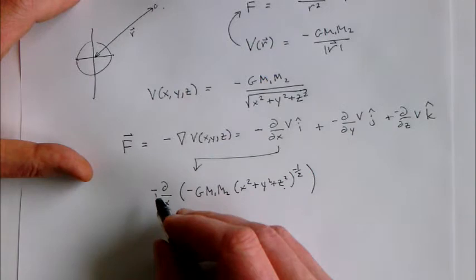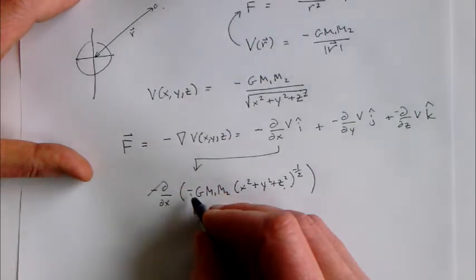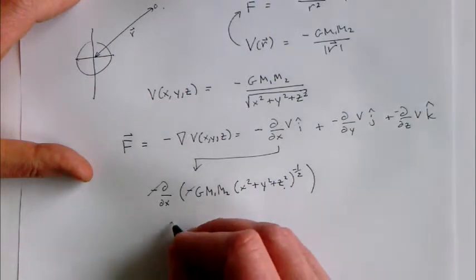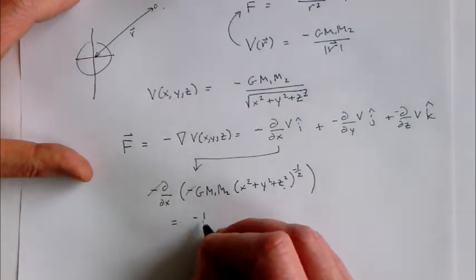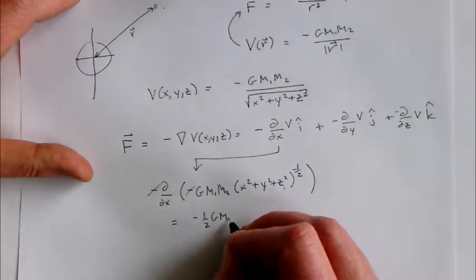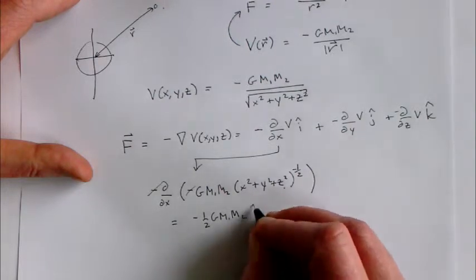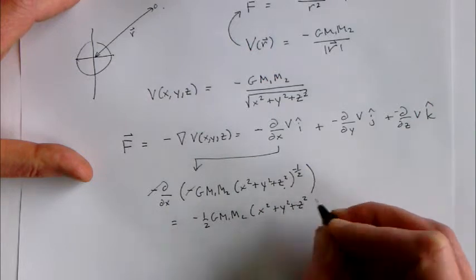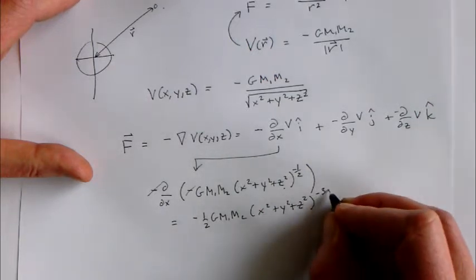And so let's get rid of those two negative signs. I'm going to pull down a negative 1/2, right? So this thing is going to give me minus 1/2 G m1 m2 times x squared plus y squared plus z squared to the minus 3/2 power.